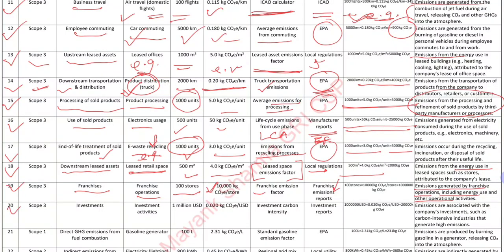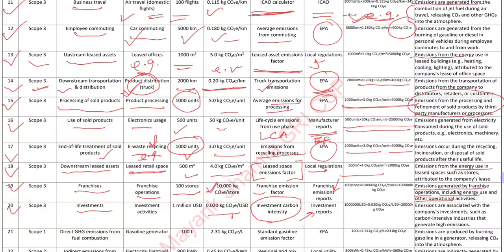Then Scope 3, the investments. Basically the investment activities, for example, invested something like $1 million US, and then per US dollar what is the emission factor, this is highlighted here. We consider this emission factor as per the investment carbon intensity.